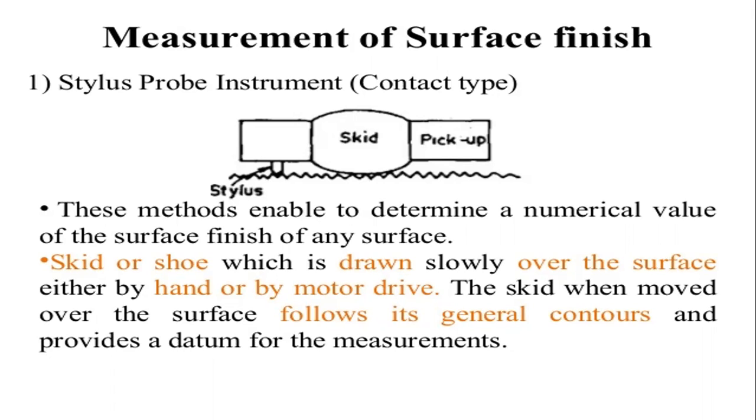When moved over the surface, the skid follows its general contours, and it provides a datum for the measurements.